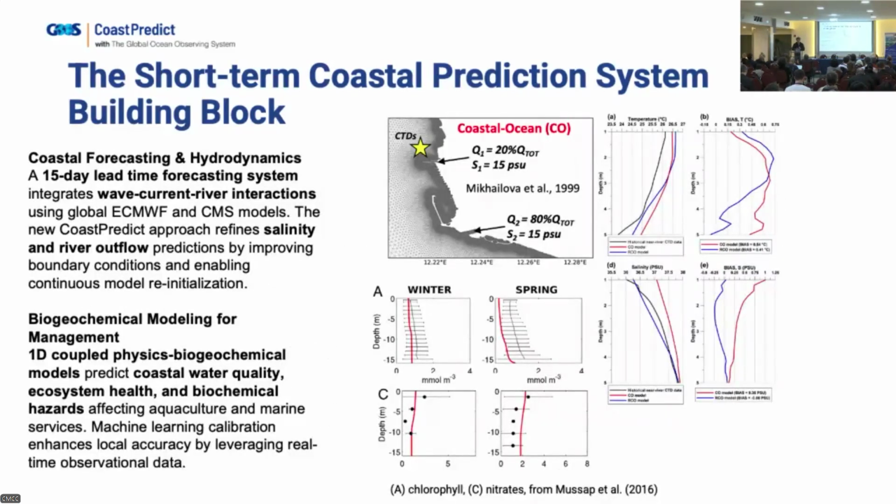We have examples of existing capacity. Here is an example in Italy, in front of Rome, where a very high resolution model is validated with in situ observation.